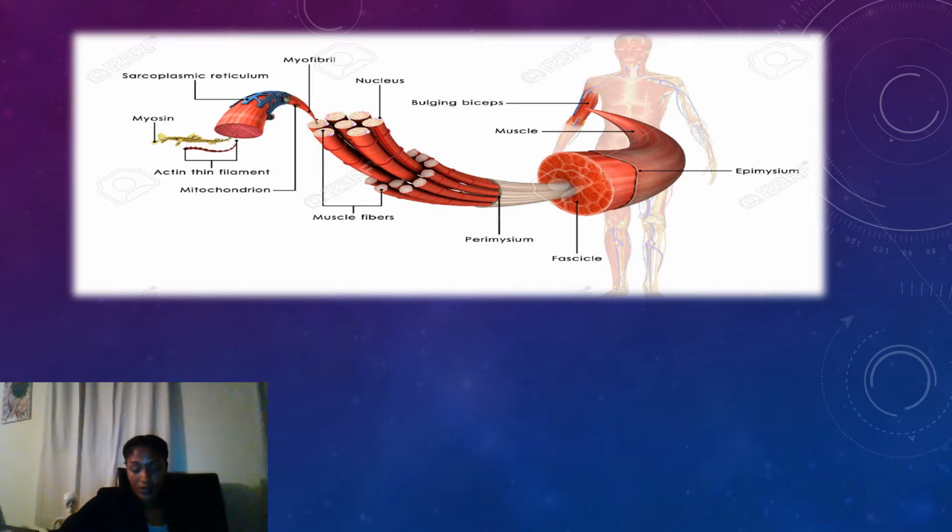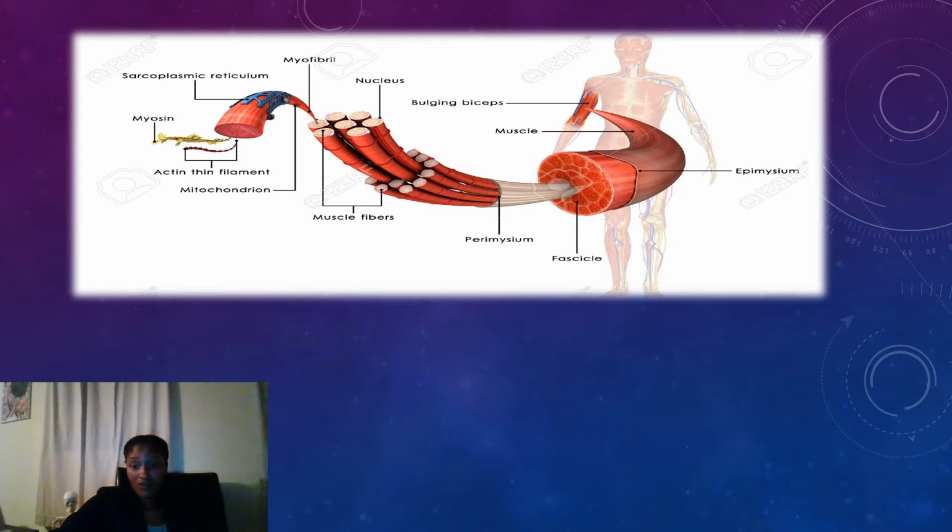Right. So this slide is just to show you a brief breakdown of the anatomy of a muscle fiber. Not really a muscle fiber, but of the entire muscle. As you can see from this picture, they're taking a section from the biceps and breaking it down. The outside of the bicep muscle, you will see the epimysium, that's the covering of the whole muscle.